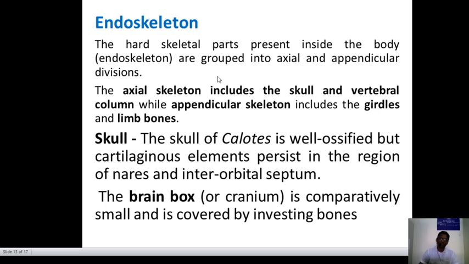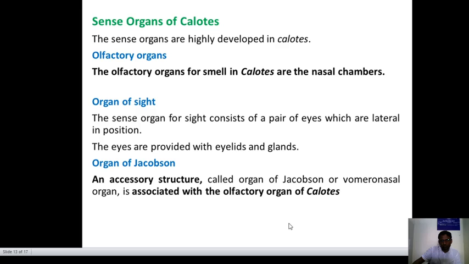The axial skeleton includes the skull and vertebral column, while the appendicular skeleton includes the girdles and limb bones. The skull of Calotes is well ossified, but cartilaginous elements persist in the region of the nasal capsule and interorbital septum. The brain box or cranium is comparatively small and is covered by investing bones.